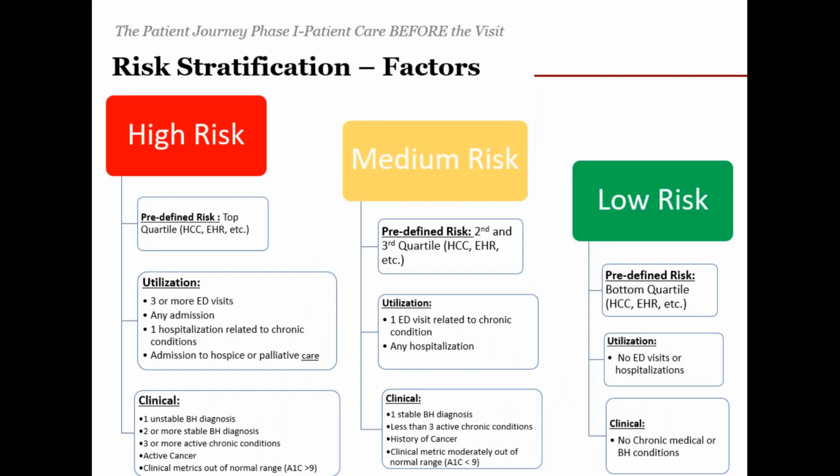You have a component on utilization, recent ED visits, hospitalization, and then you also have clinical data points: behavioral health, active chronic conditions, active cancer, in the demographics we're working with, dementia. So based on the different intensity of these components, you can now group them into high, medium, and low risk.